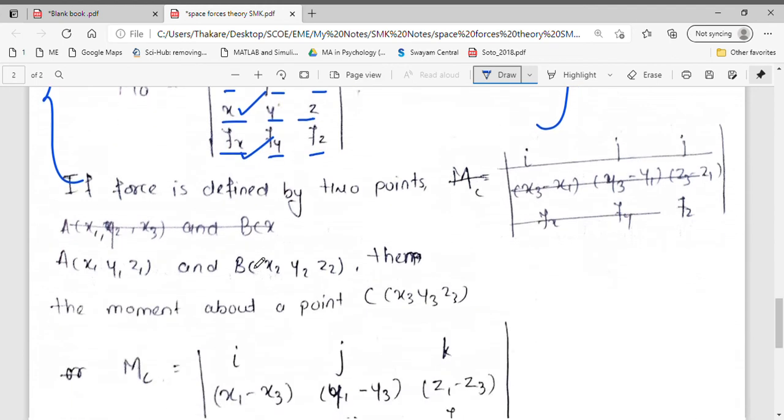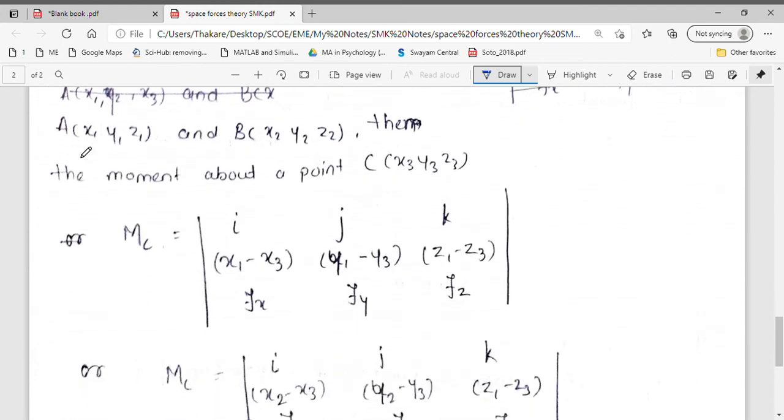If the force is given by 2 points, which are x1 y1 z1 and x2 y2 z2, then moment about the point x3 y3 z3 will be given as a minus c. How will the position come? It will be x1 minus x3, y1 minus y3 and z1 minus z3. That is your position coordinates, and this will be your force components.